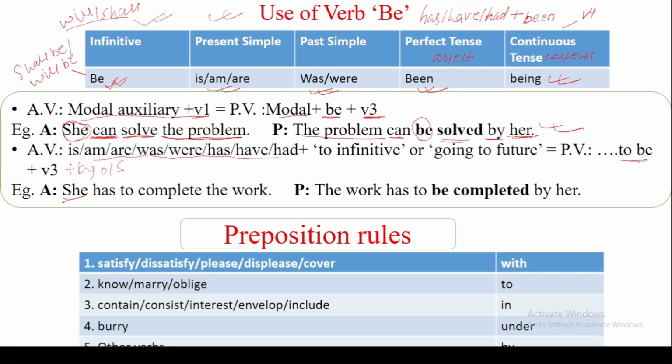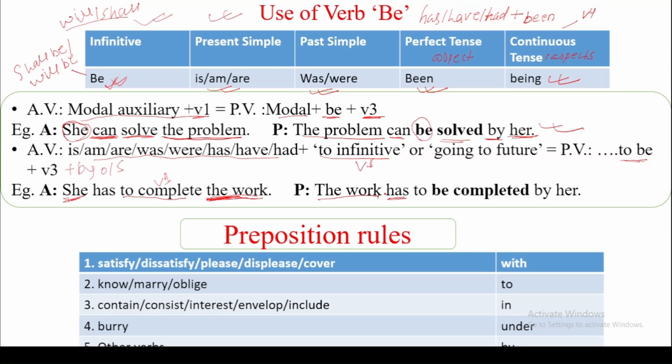The first thing, we have to change the object into subject. The work is object here, so the work is changed as subject. Then we have has, so has remains the same. Then there is to plus infinitive, which means V1, the main form of verb.